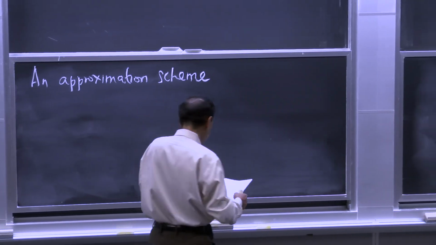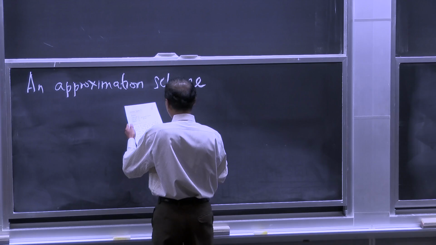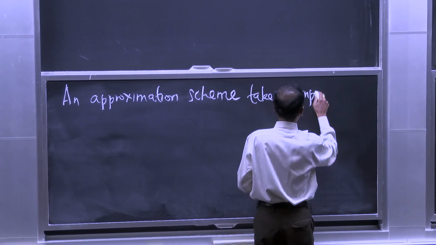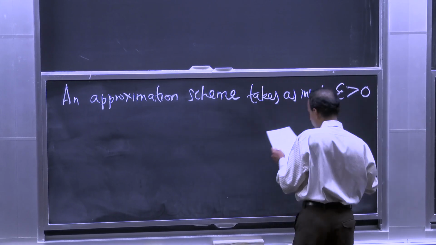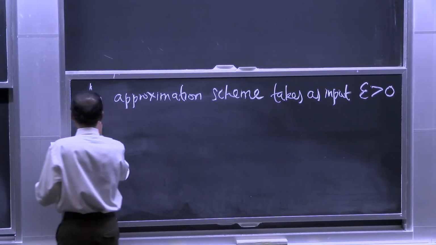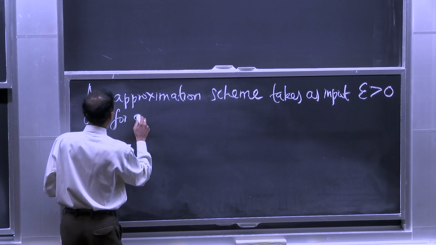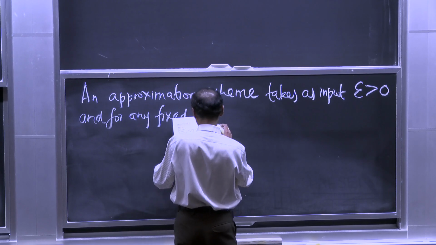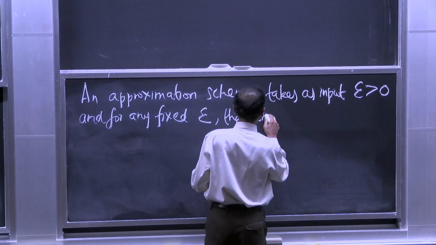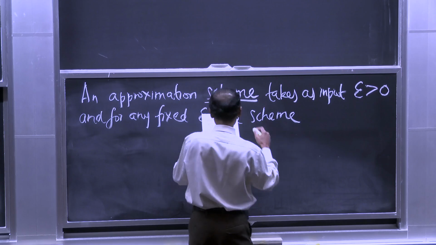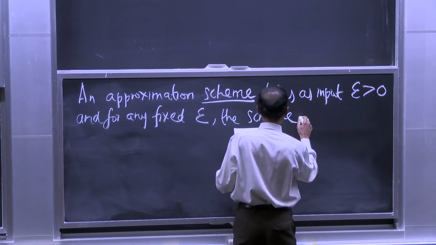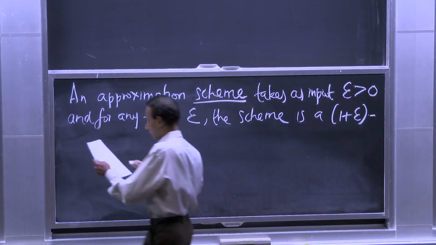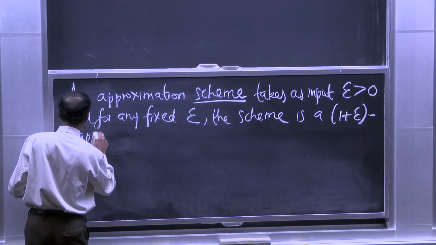That's essentially what a scheme is, where we take an additional input, epsilon, strictly greater than 0, and for any fixed epsilon, the scheme, as opposed to an algorithm, is a 1 plus epsilon approximation algorithm.